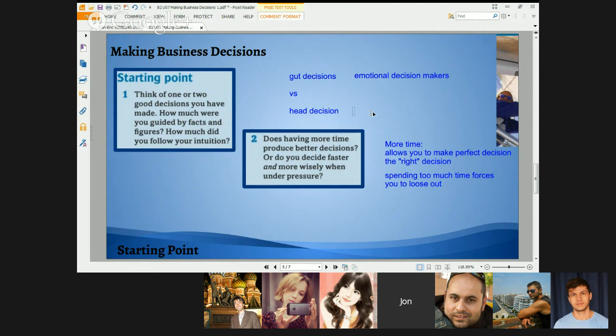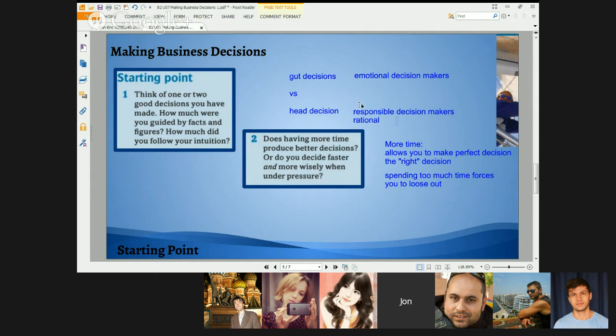Okay, so responsible decision makers. Now, responsible is subjective, right? What's responsible for you might be irresponsible for me. Responsible is the right word, but I'm saying it's subjective. I may have a different idea about responsible. Maybe what we want to say here also is rational instead of emotional.